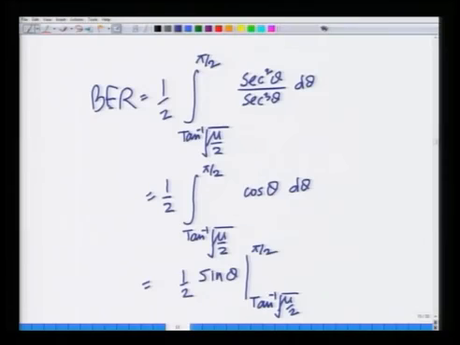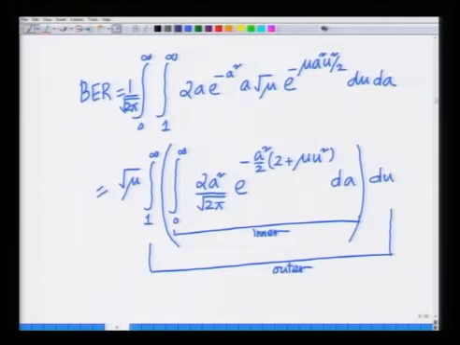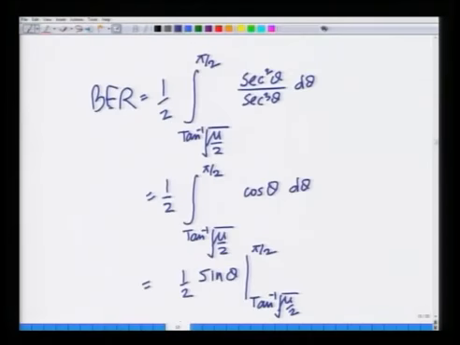And look at this, this integral has simplified so beautifully. We started with such a complicated expression that involves these rather bulky looking double integral expressions, and the result is simply so elegant. It is half sin theta between the limits tan inverse square root of mu over 2 to pi by 2. Let me remind you, mu is nothing but the SNR, P over sigma n square.